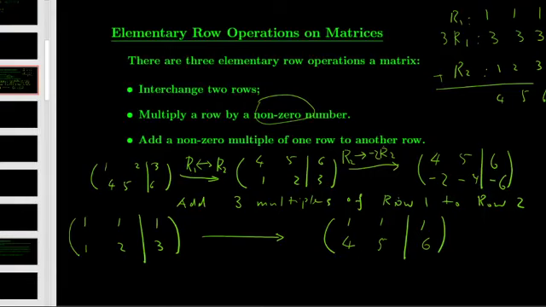So that's what we meant by operation number 3: add 3 multiples of row 1 to row 2. There's a notation for that too. Now remember the notation. What I do is always write it backward. We're going to add 3 multiples of row 1 to row 2.